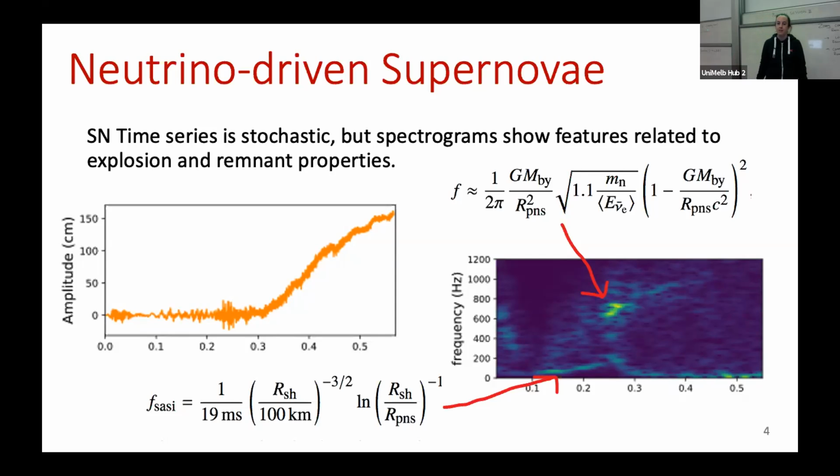So we have this, don't know if you can see the mouse. Oh yes, you can. You have this high frequency mode here, which rises in frequency with time as the mass increases and the radius of the proto-neutron star gets smaller. Then it has this peak amplitude, which usually occurs just after the shock is revived.